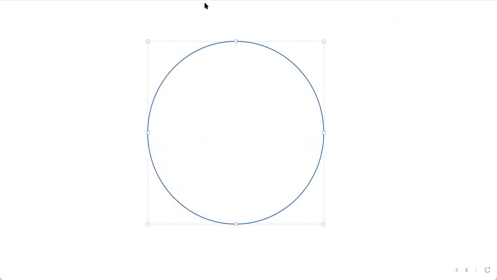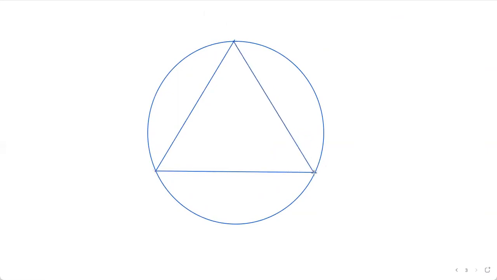Suppose I have an isosceles triangle ABC where AB is equal to AC and P is a point on BC.